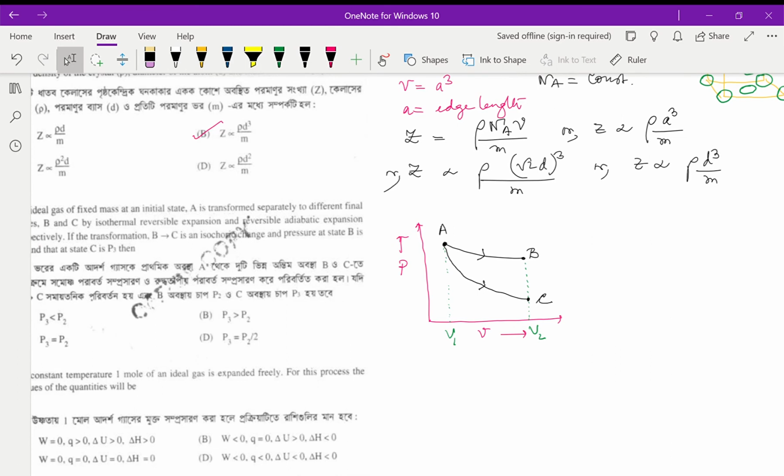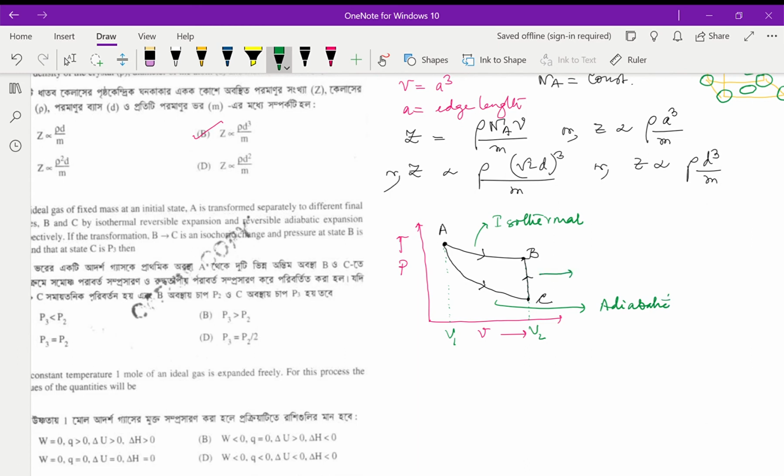All right, now if you go from the state C to B, like this, then it is called an isochoric process. So let us now identify. This is your isothermal, that process is your adiabatic. All right, and there is no volume change.